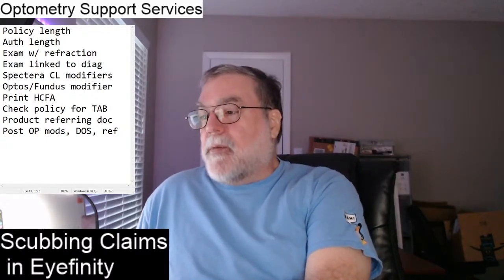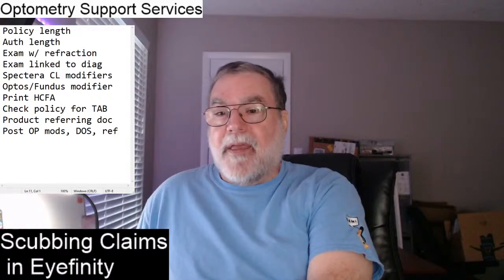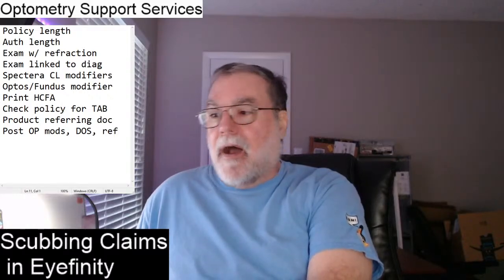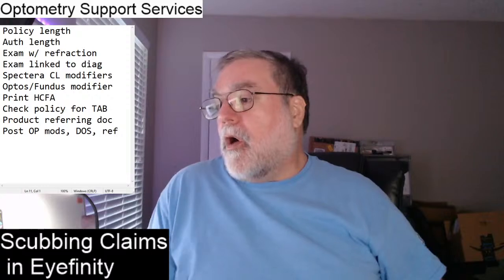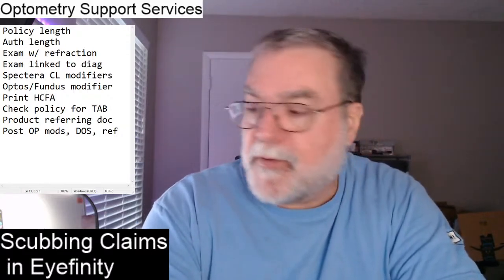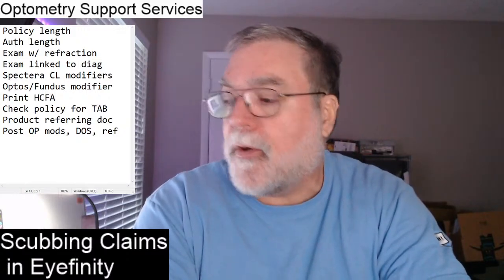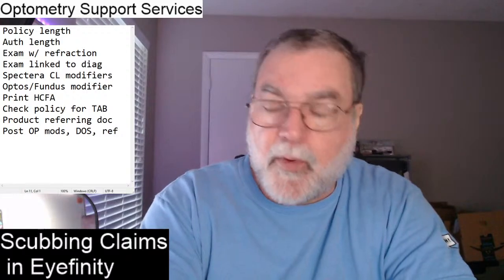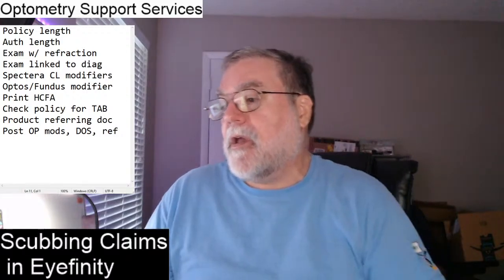A lot of times what runs into a problem is if you're billing an EM code along with, say, this OCT, that as far as they're concerned, you shouldn't be putting the two of them together, and you need to throw like a 25 modifier on to get it to go through.